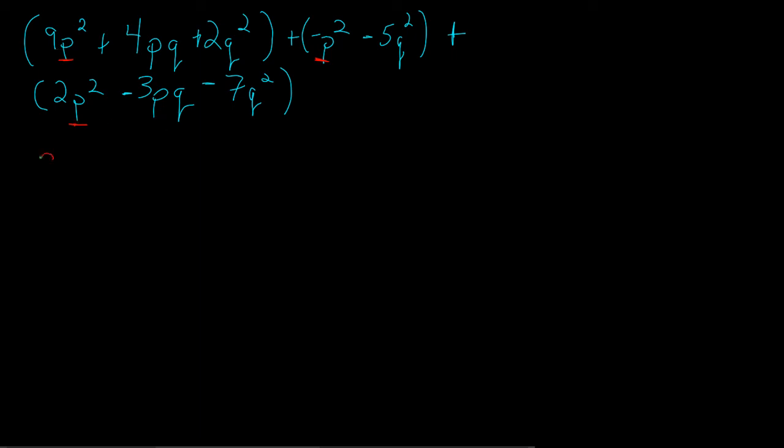So I start with 9p squared minus p squared plus 2p squared. Because of the degree in the name of the monomial terms, I want to put all of the similar ones together. And so all the p squares come together there.